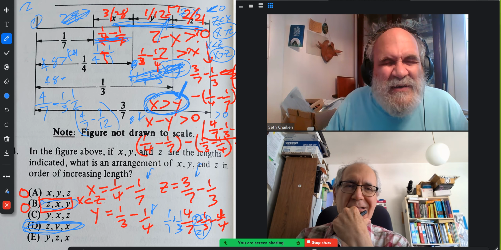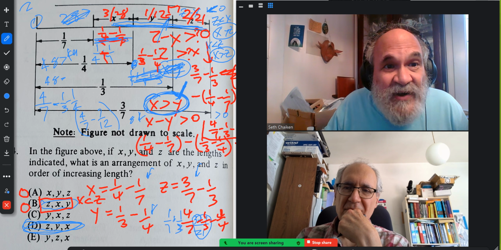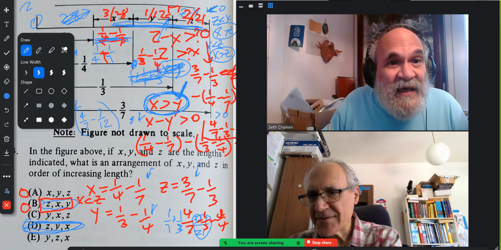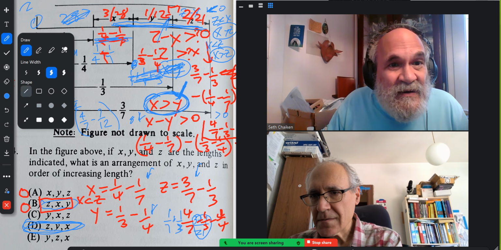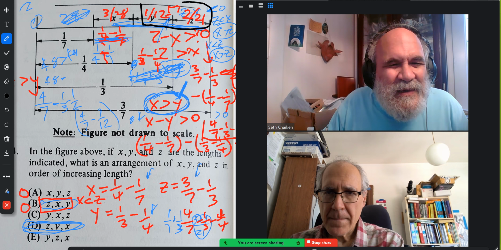Right. 2/21 is bigger. Right. So z is greater than y. Z is greater than y. So then we compare, and therefore we now want to compare y.